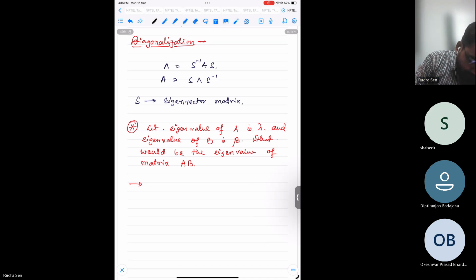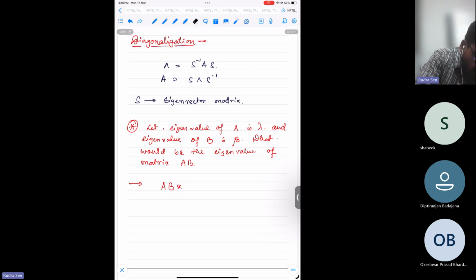So we know that we can write ABX, right? AB is a matrix multiplied with a vector, so definitely it would be some eigenvalue, let's say gamma, times X, right?